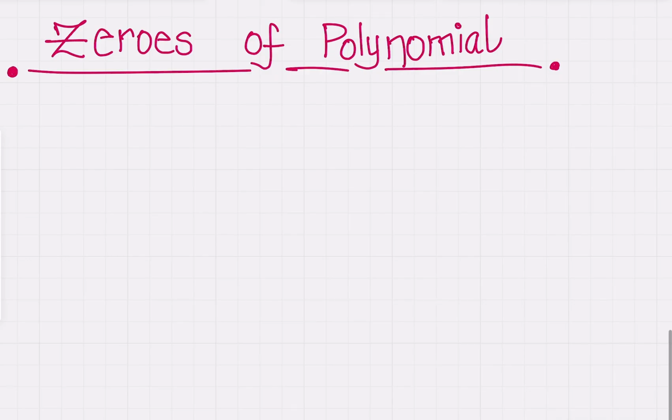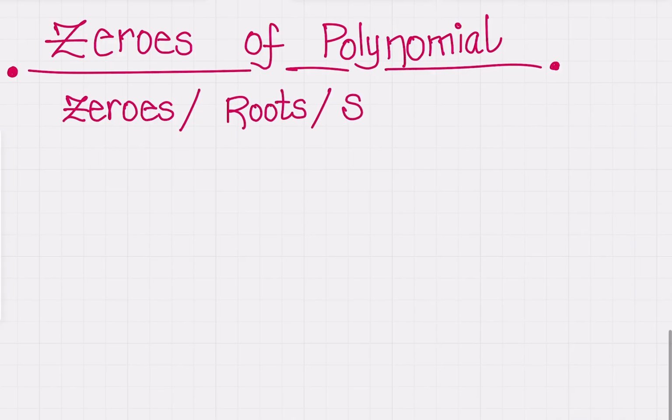So basically, for zeros of a polynomial, you will see three words: zeros or roots or solution. We always use these as terms, but they all mean the same thing. So let us first start with the definition of zeros of a polynomial.